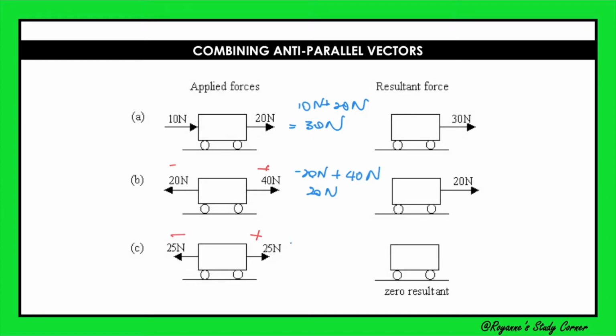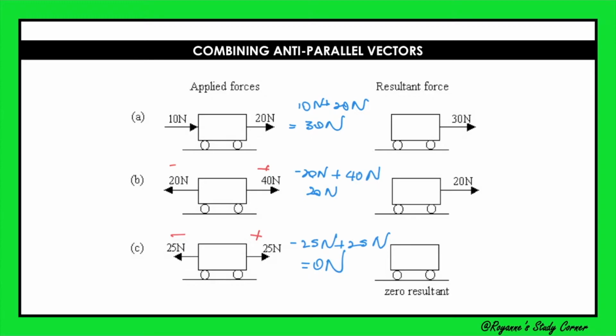So we're adding negative 25 newtons plus 25 newtons. That gives us 0 newtons. So we have a resultant of 0. So this is the way that we will always add parallel or anti-parallel vectors.